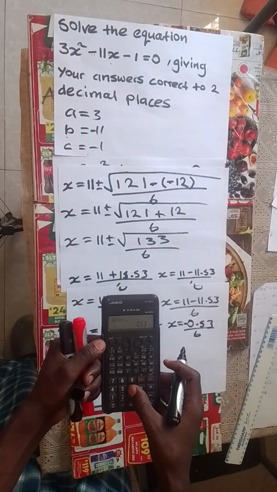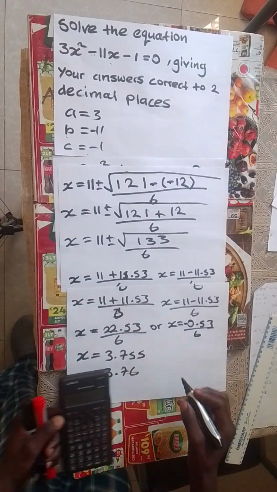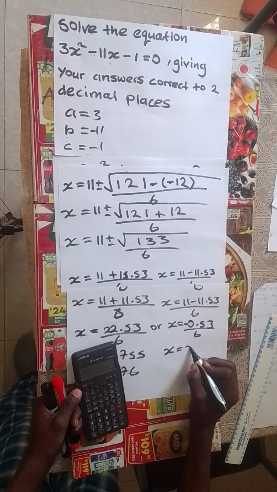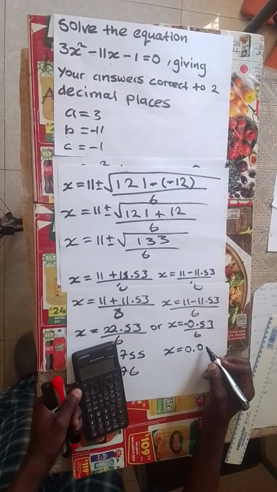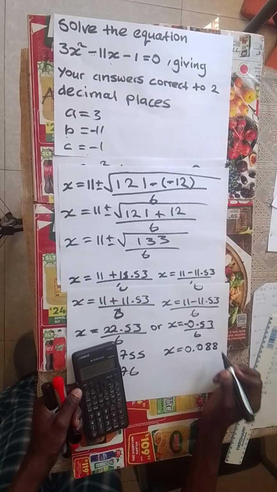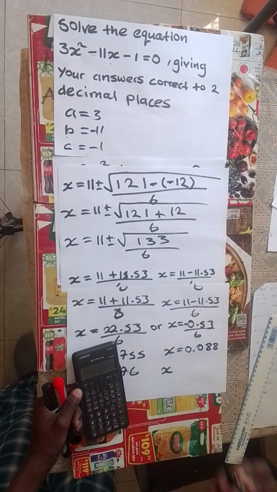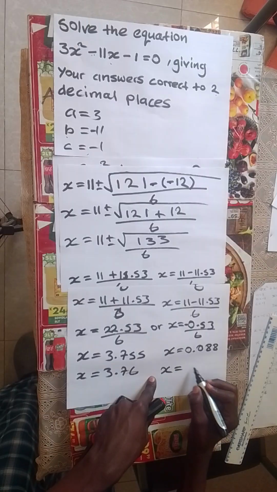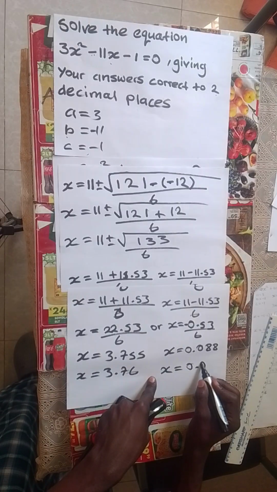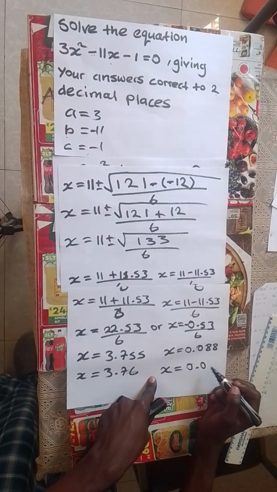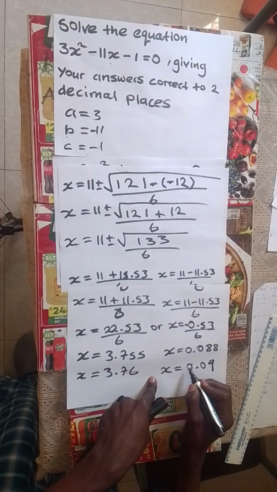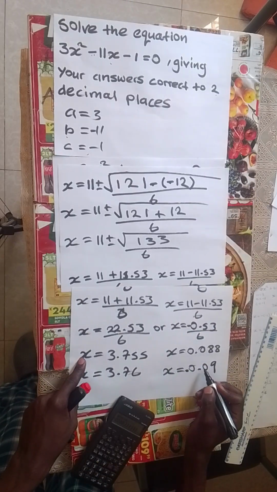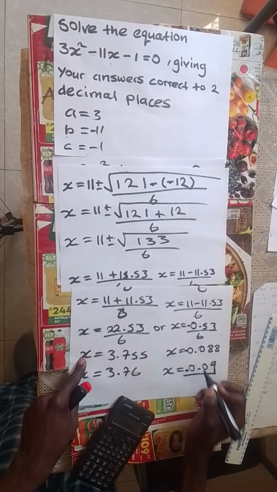When I divide by my 6, I am getting negative 0.088. Now they told us we have to leave it in two decimal places. This 8 we round it off. I am going to get a 9. So my answer here will be negative 0.09. I forgot the negative here.